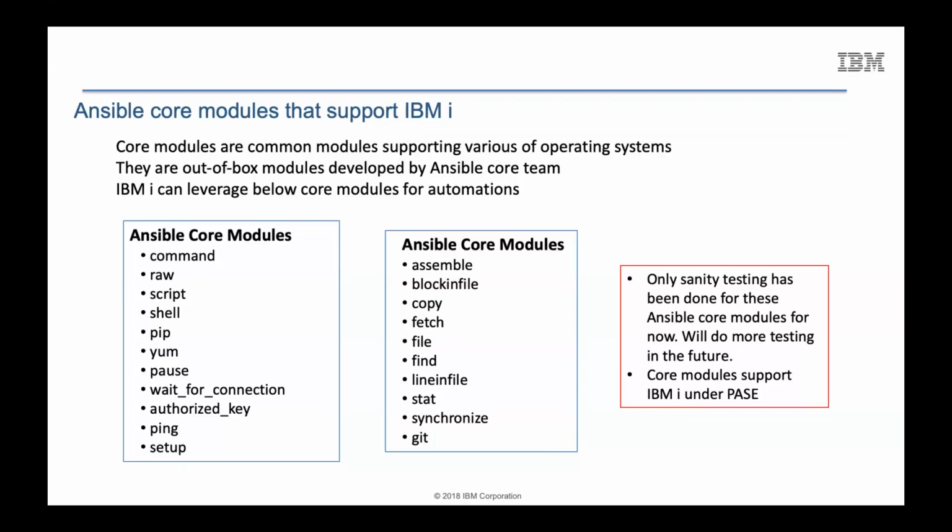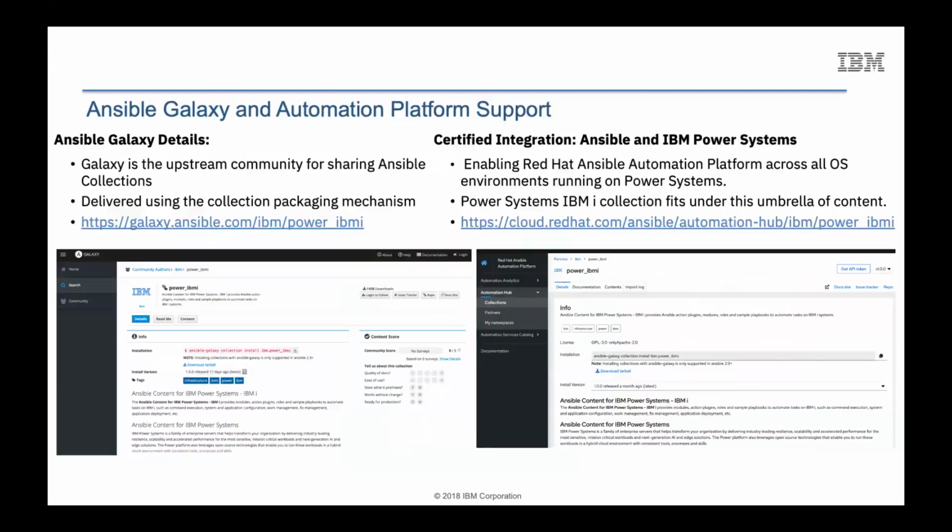So your PASE tasks can leverage these modules for some purpose. My team did some sanity tests against these modules, and I believe you could try them as well for your automation tasks. As I mentioned on the previous page, you could go to Ansible Galaxy or Automation Hub to download and install IBM packages.